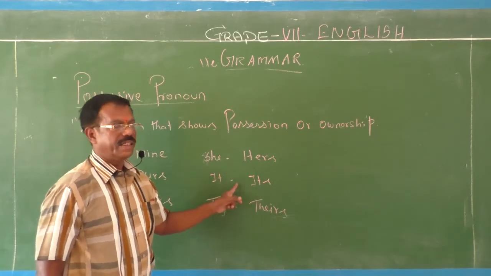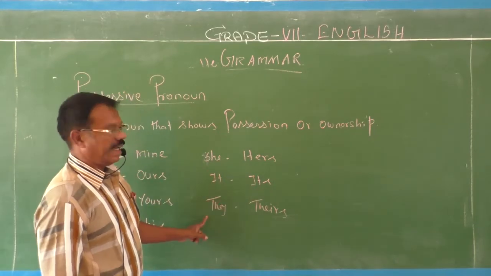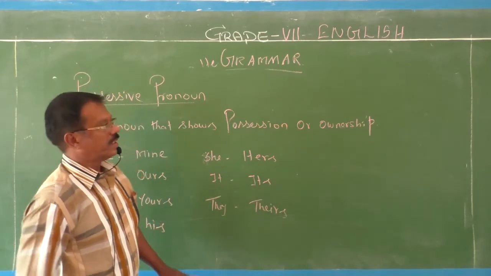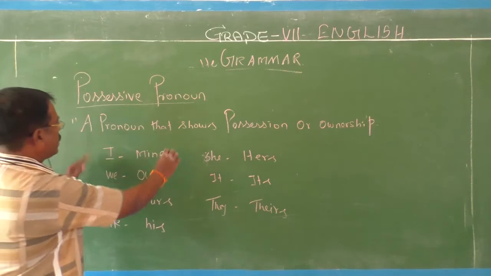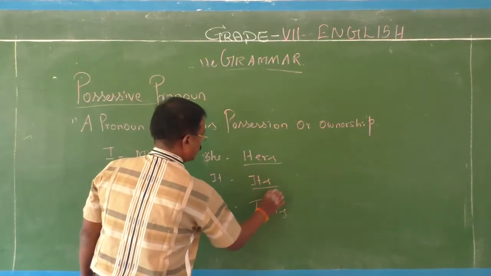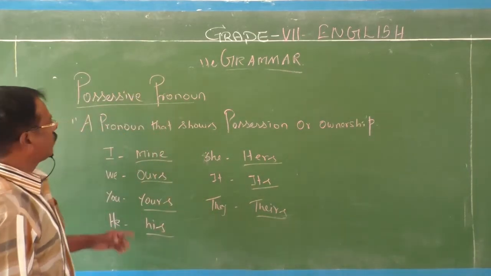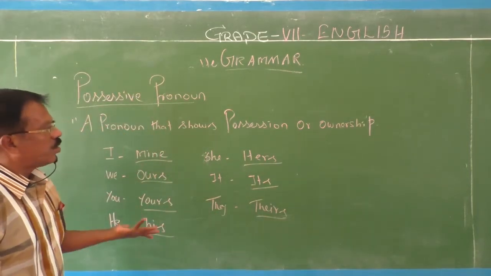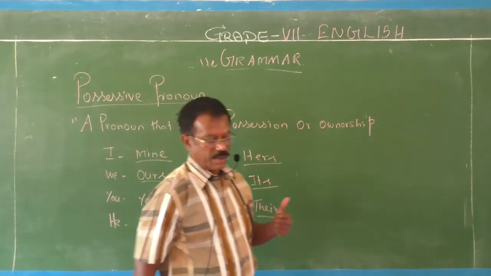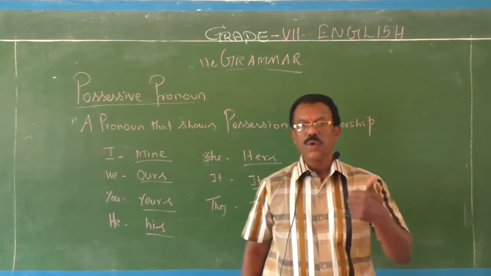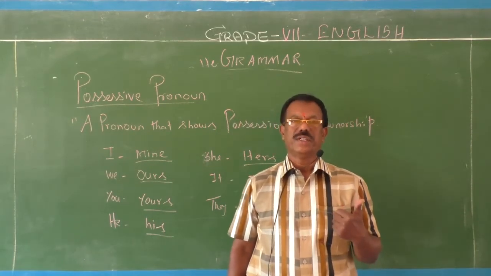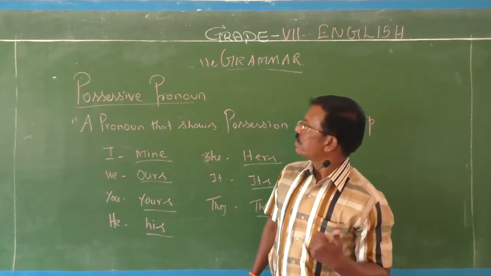It, its. They, them, their, theirs. So now, these pronouns are called possessive pronouns because they show the possession or ownership. It defines who owns a particular person or a particular object.